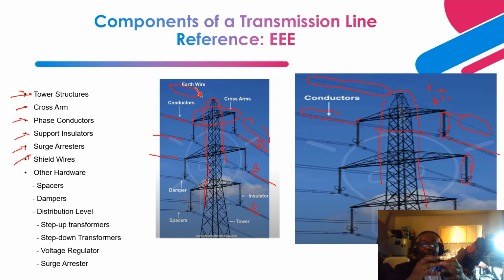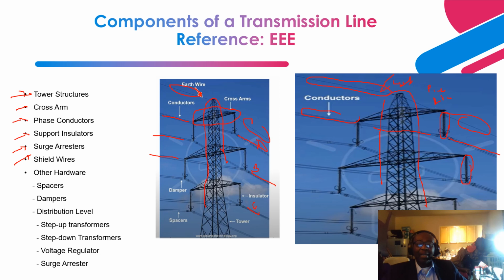Its function is to protect the phase conductors, phase A, phase B, phase C. If you have a double circuit, sometimes you can have two shield wires on a tower, depending on the number of circuits. Its purpose is to protect the phase conductors from direct lightning strikes.